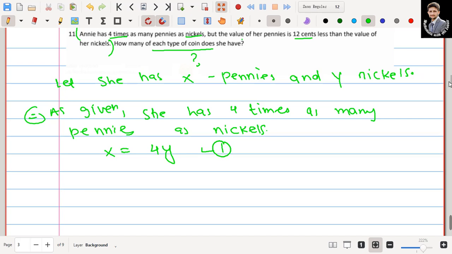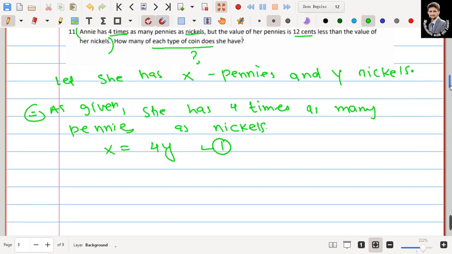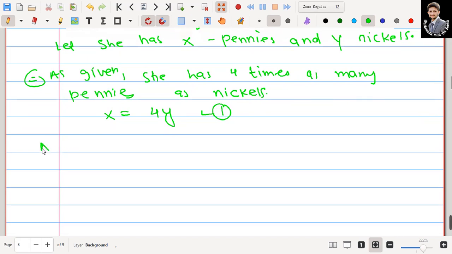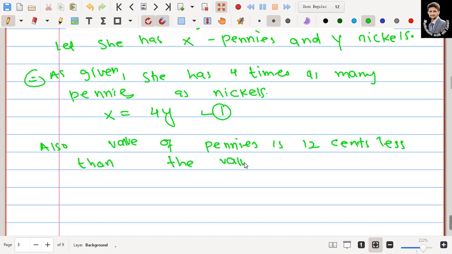equation 1. Now the value of her pennies is 12 cents less than the value of her nickels, and I can also write this as: value of pennies is 12 cents less than the value of nickels.